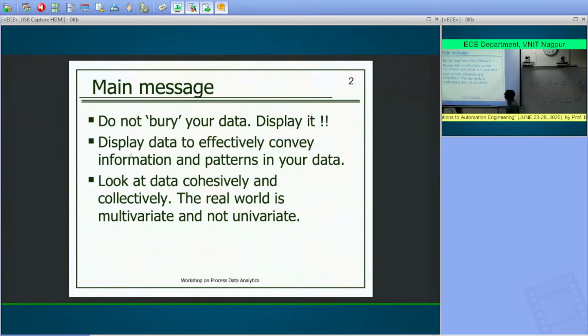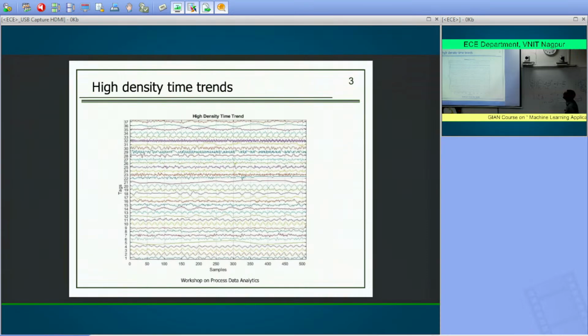Okay, so I'm going to show you some plots, high-density time series plots. I believe this is from a refinery. There are about 37 different variables, and you can see the data. If there is an anomaly in the data, something that jumps out, you can very quickly identify it in a plot like this.